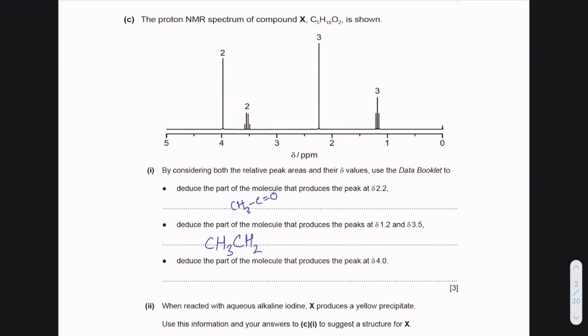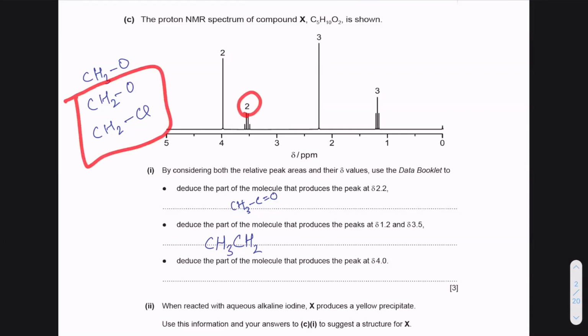Okay, so if you look in the data booklet, वो कहते हैं कि CH3O, CH2O and CH2Cl, these are options for 3.5 की range. Now I have 2 hydrogens there, तो मैं इन दोनों को consider करूंगा, इसको ignore कर दूंगा. But then I don't have Cl in the formula, so मेरे पास यही बचता है. So this is gonna be this.